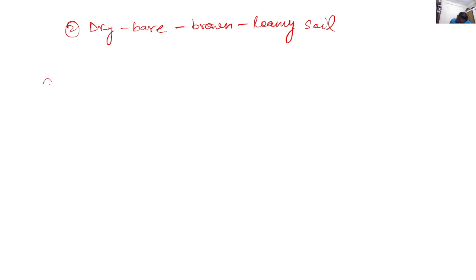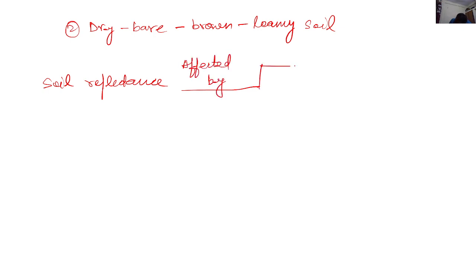In soils, the soil reflectance is actually extremely complex, and it is governed by an interplay of multiple factors. Soil reflectance will be affected by several factors. One of them is moisture content.